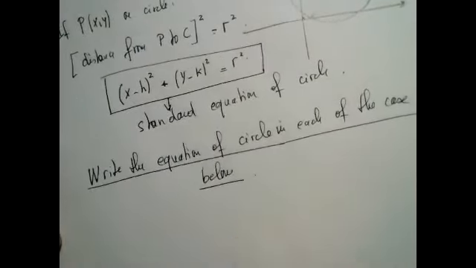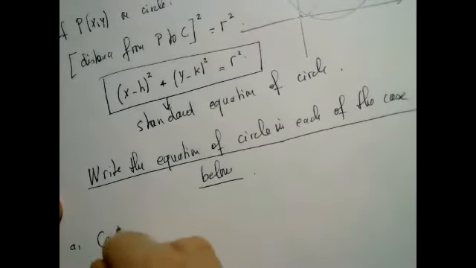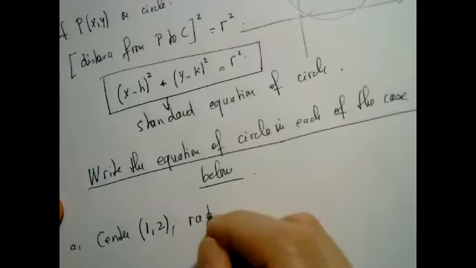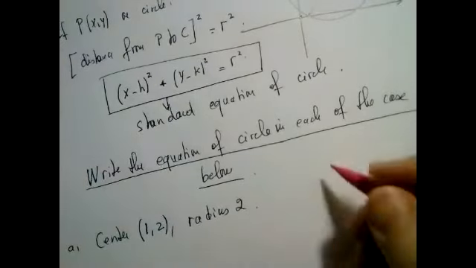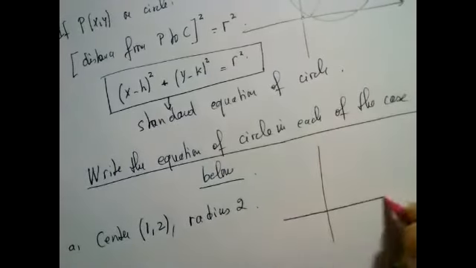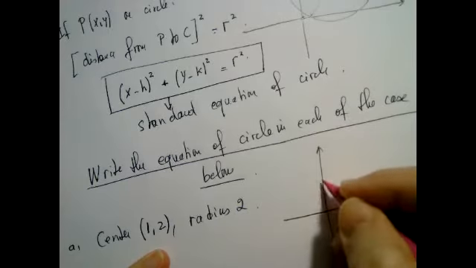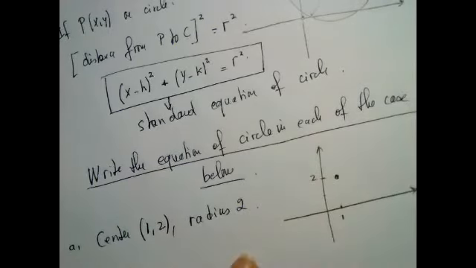So to learn how to write it, first, the center is (1, 2), for example. That's the center, and the radius is 2. Okay. So basically, I am thinking of a circle. The center is (1, 2). That's my center, and my radius is 2.